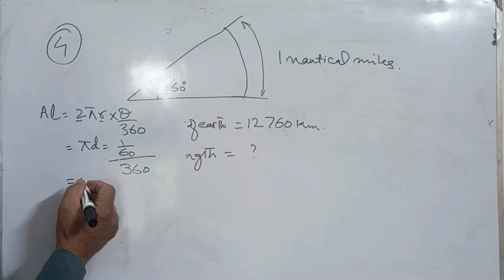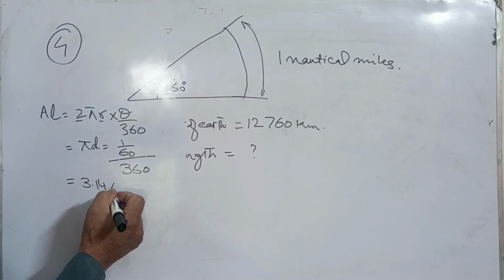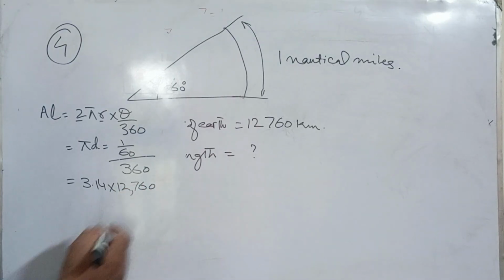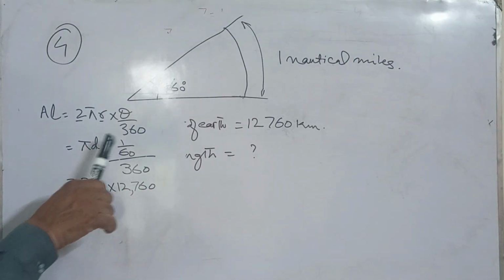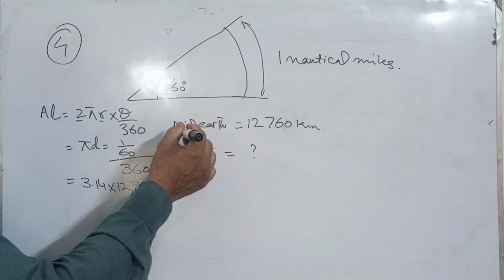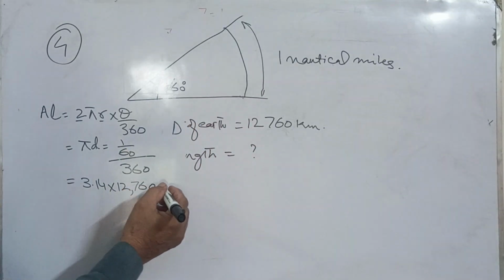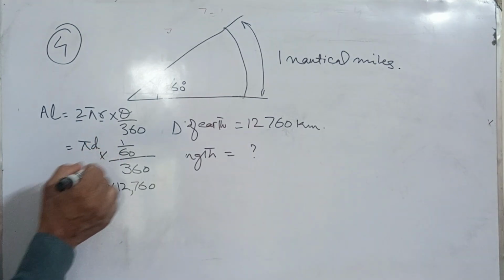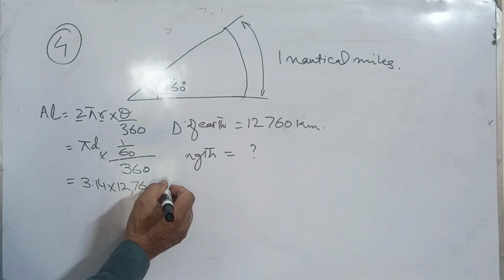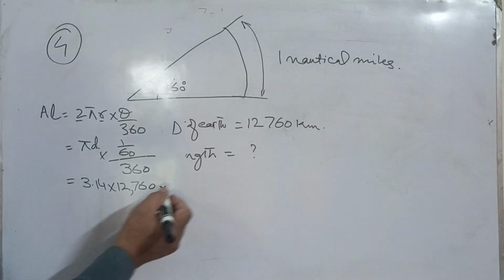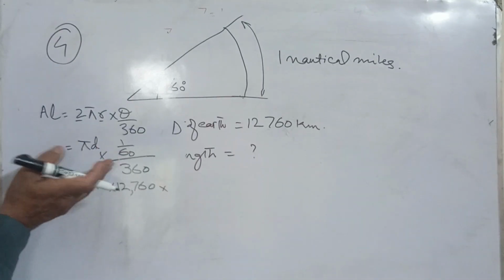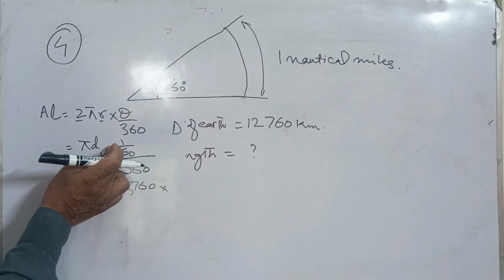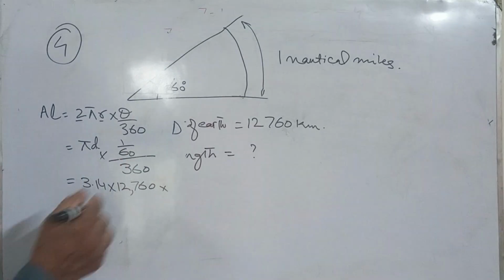Now, 3.14 multiplied by 12,760, and 60 is given, multiplied by the fraction. When there is a 3-story fraction, you bring the lower story up to the ground floor.